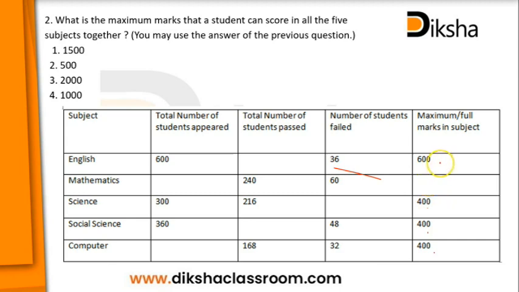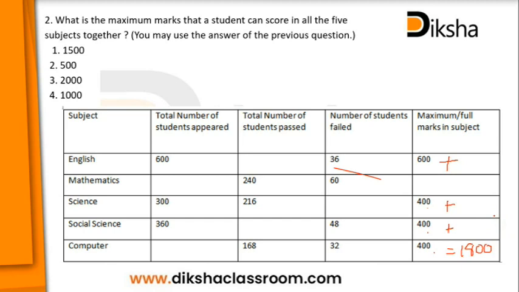No issue. We'll be adding the maximum marks in the given cells. 600 plus 400 plus 400 plus 400. It's 1800. So the maximum mark you can get in 4 subjects except maths is 1800.